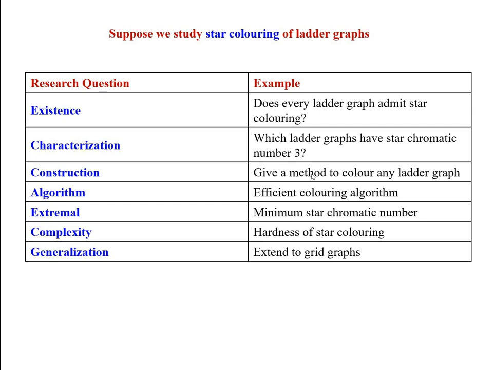And then construction: give a method to color any ladder graph. An efficient coloring algorithm must be given, and the minimum star chromatic number. Hardness of star coloring gives the complexity, that research question, and then whether it can be extended to grid graphs, that is, extended further.